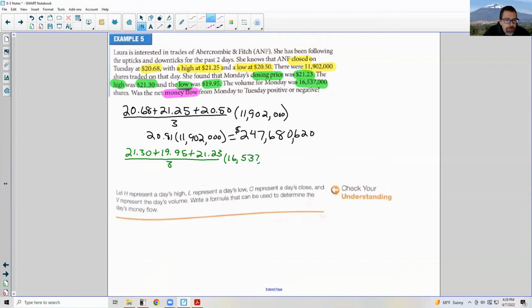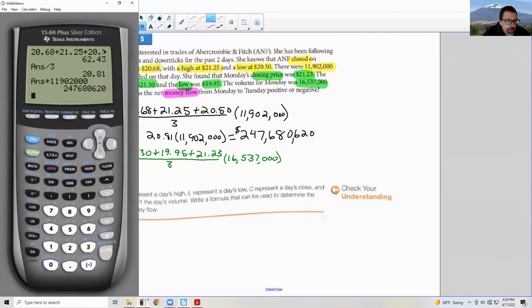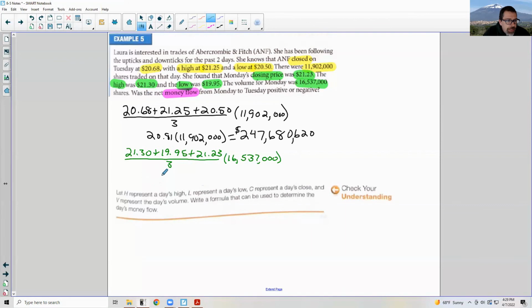All right, so we're going to put $21.23 plus 19.95 plus 21.30. Okay, hit enter, divide by 3, and I got $20.83.